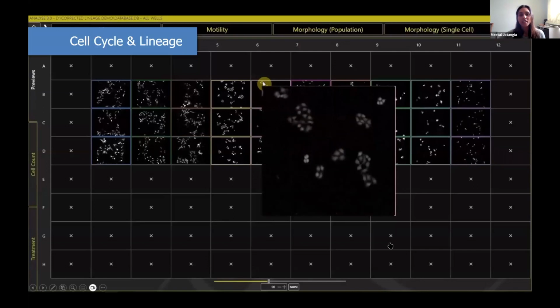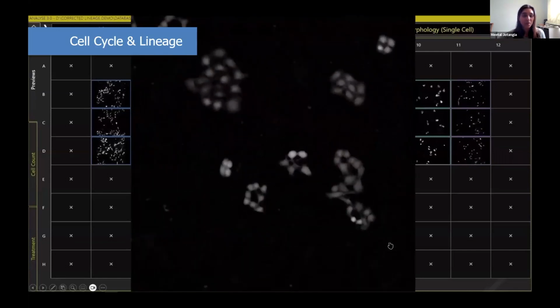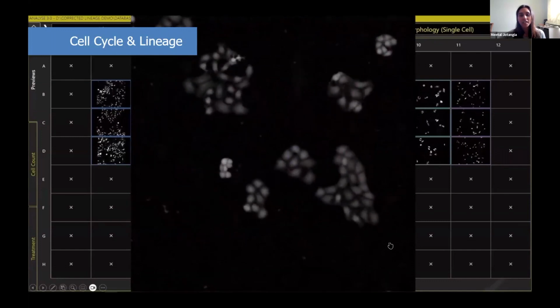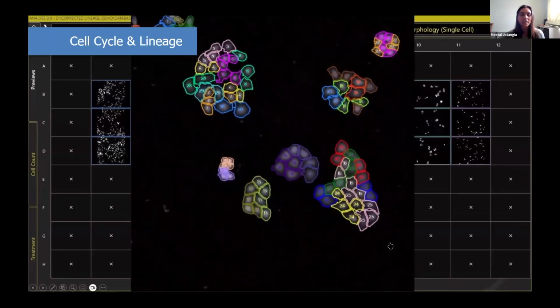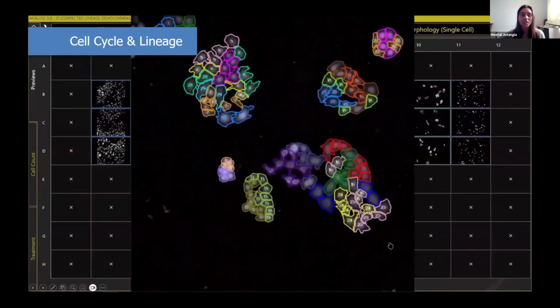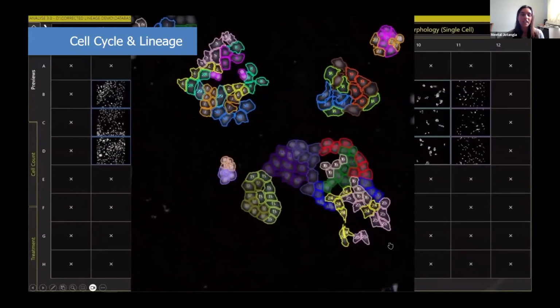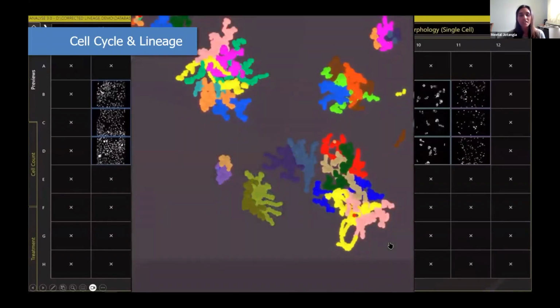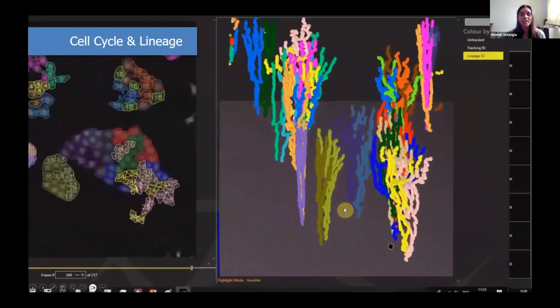And what it means is that you can delve into a particular population of cells within your well plate, and you can see where the parent and daughter cells are, and you can assign each of those a lineage ID. So you know exactly which daughter cell came from which parent cell, and the point at which that happened. And on our software, you can actually see that as a lineage tree.